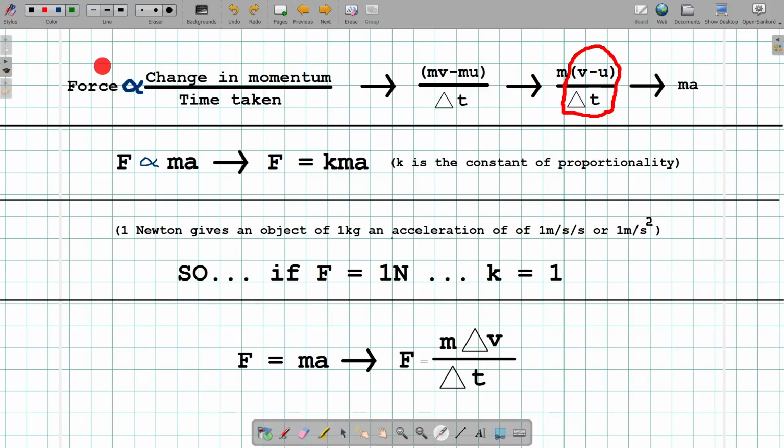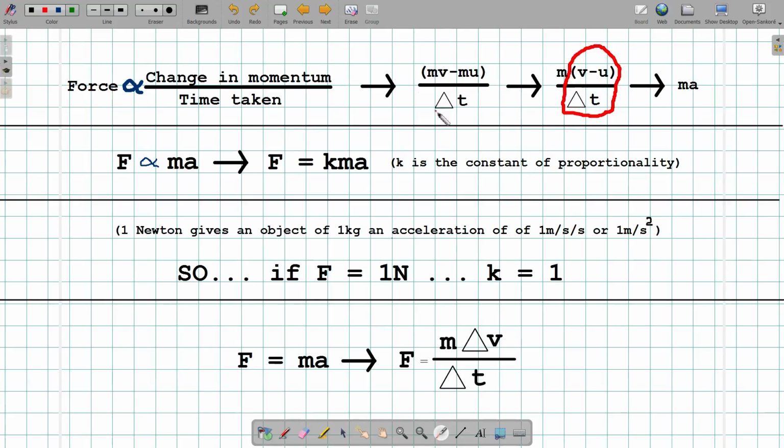And ignoring force for now and just looking at this, we can put it into symbols. So we can have mv minus mu, where v is the final velocity and u is the initial velocity. And so the final momentum minus the initial momentum is the change in momentum, over the change in time.